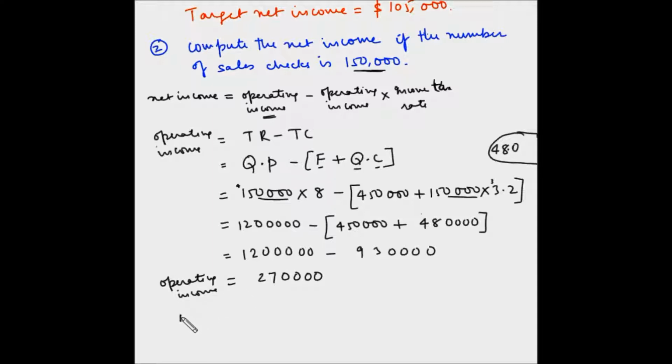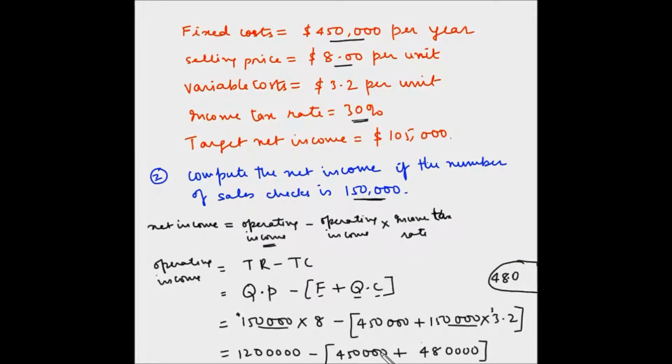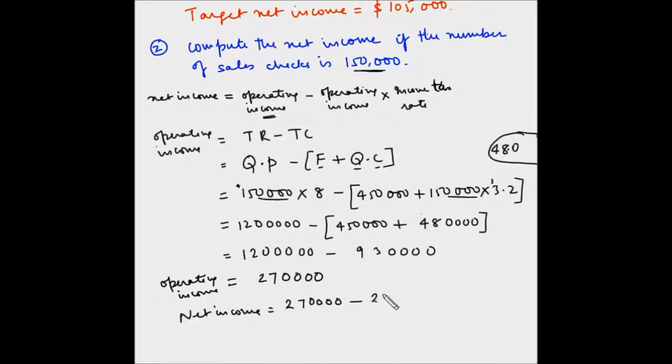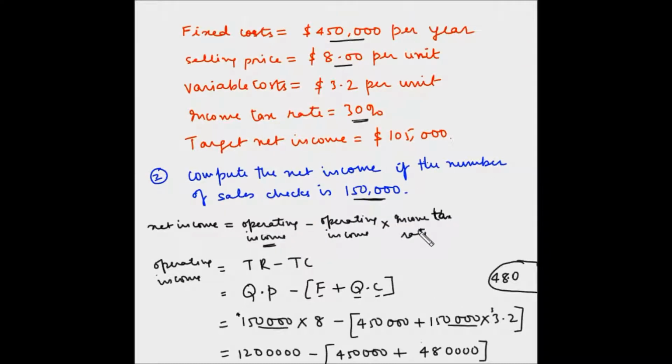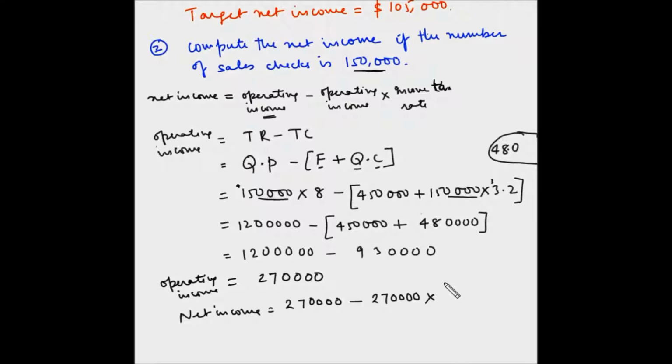Now let's find out the net income. So operating income is 27 and then 4 zeros, and then minus operating income multiplied by income tax rate. So 270000 multiplied by income tax rate, which is 30%, and 30% can be written as 30 divided by 100.